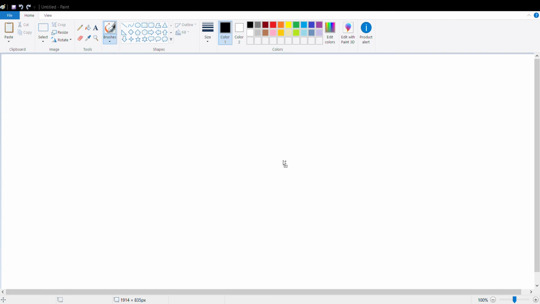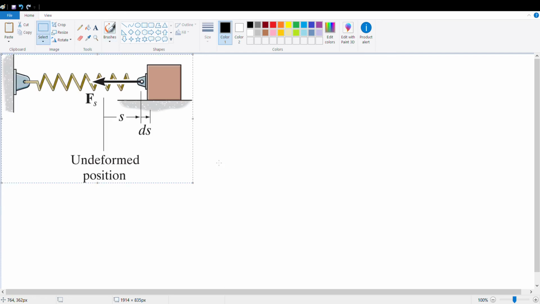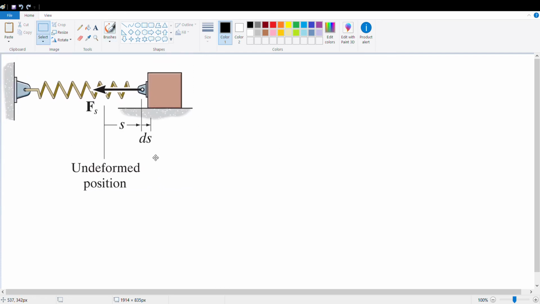In this case, this is the schematic. The work done by the spring is again dU equal to Fs, the force of the spring, times ds. And the force of the spring depends on where the undeformed position is.